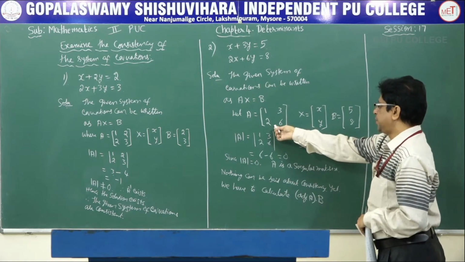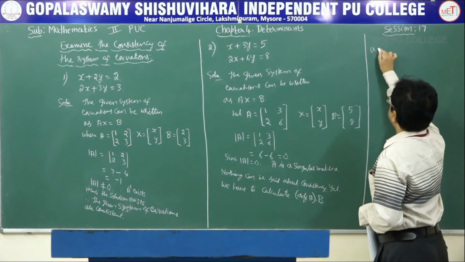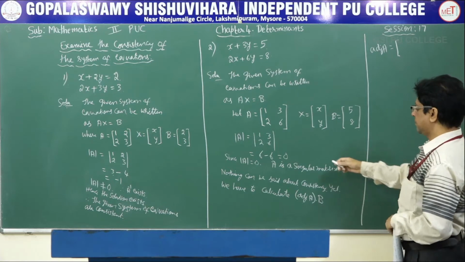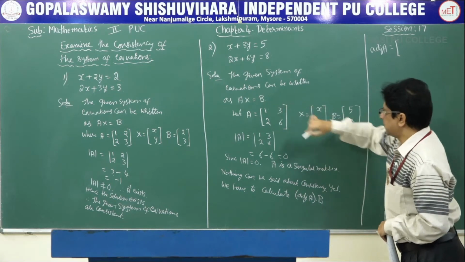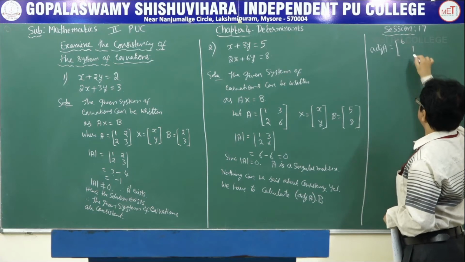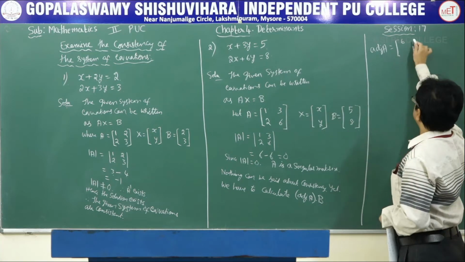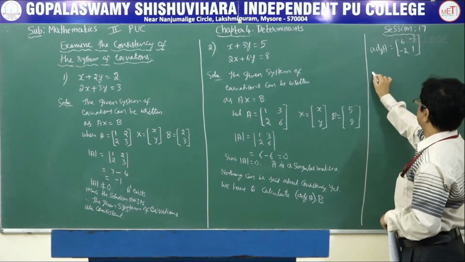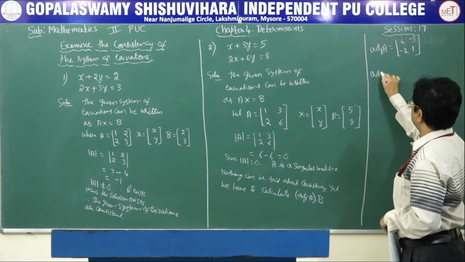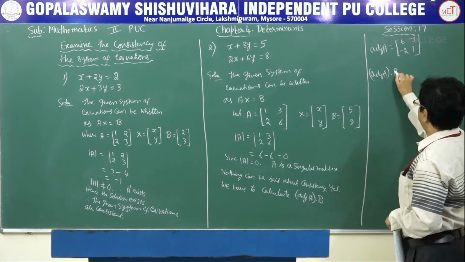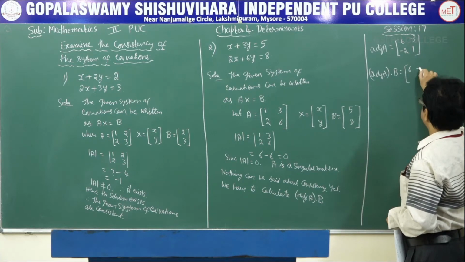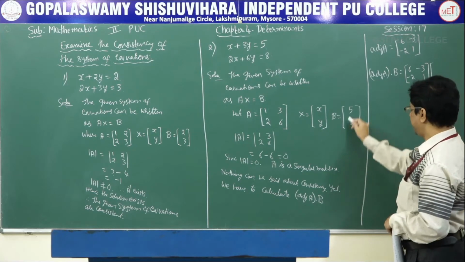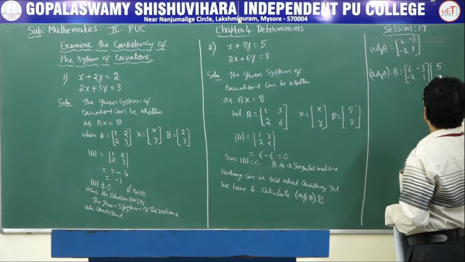Since it is a 2 cross 2 matrix, adjoint A can be directly calculated. So interchange the principal diagonal elements 6, 1 and change the sign of the other diagonal, -3, -2. So adjoint A into B is equal to 6 -3 -2 1 into B. B is 5, 8.